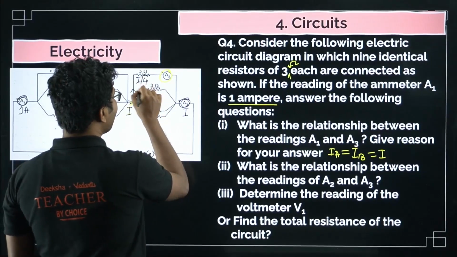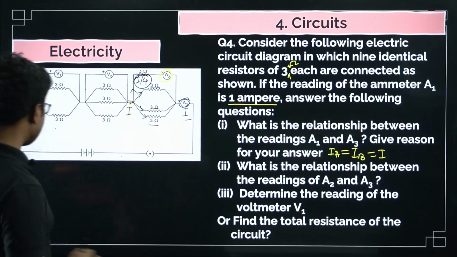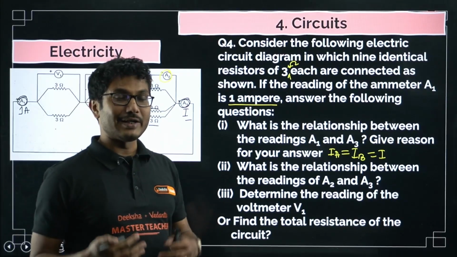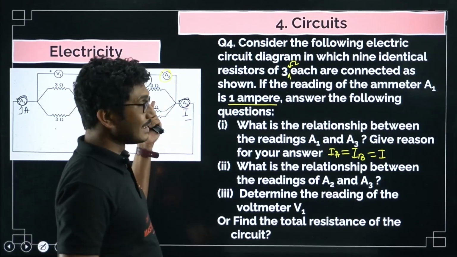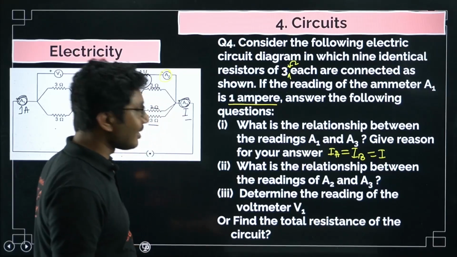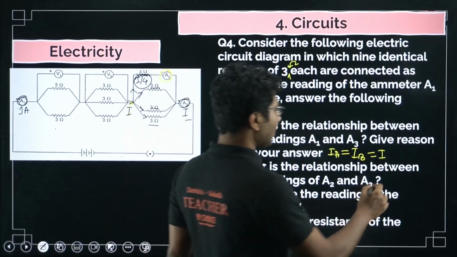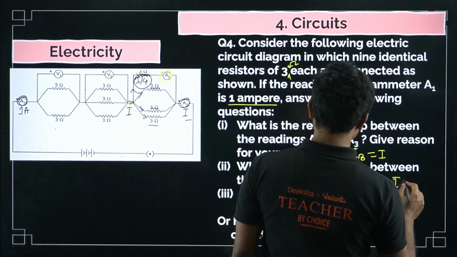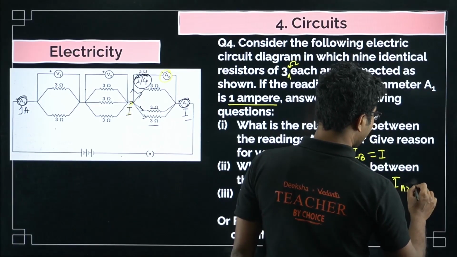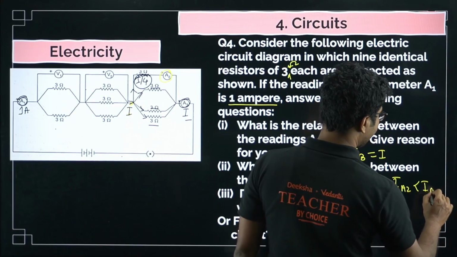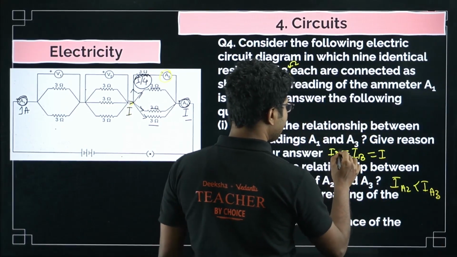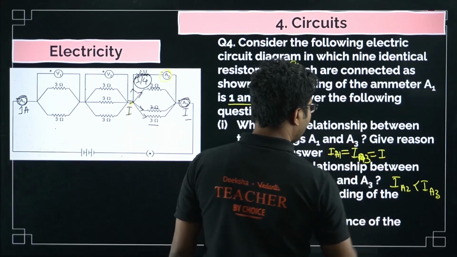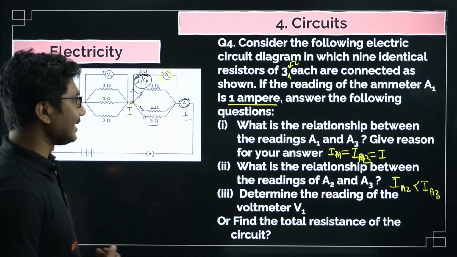So definitely I by 4 is less than that of I. You don't need to explain the I by 4 part, but you can explain that since current is getting divided into 4 different parts in this case, current through A2 will definitely be less than that of A3. Okay, here I made one mistake. Here it will be A1 and it will be A3. Okay, so current through A2 will be less than that of A3.